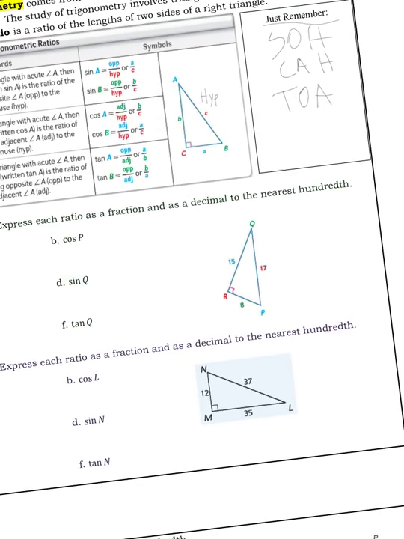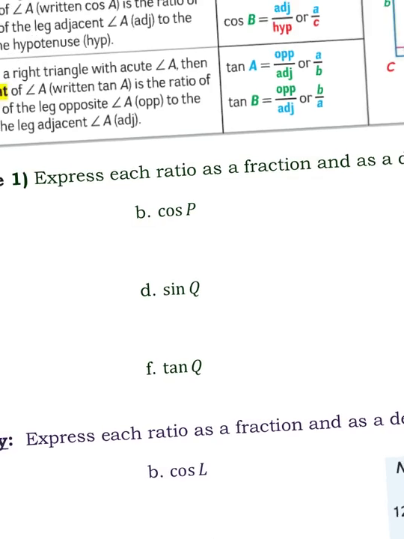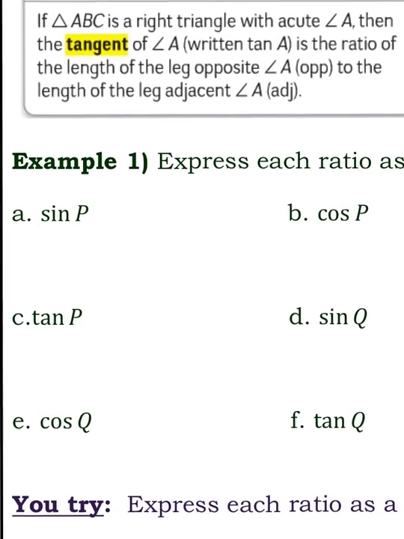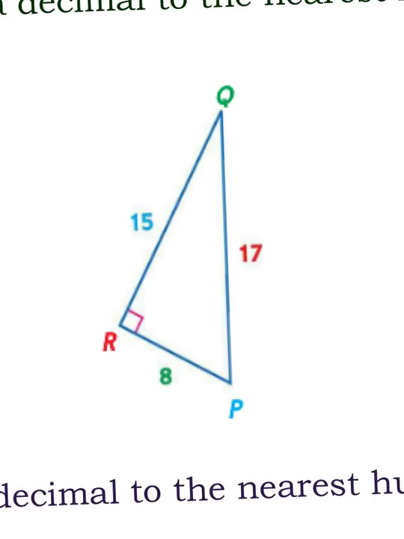The directions call for you to write each ratio as a fraction and a decimal, but to save time for the purpose of the video, I'm just going to set it up as a fraction. You can always type it in the calculator later and get the decimal. Okay, so sine of P. I'm going to look at angle P. Angle P is here. What is opposite of P? 15.